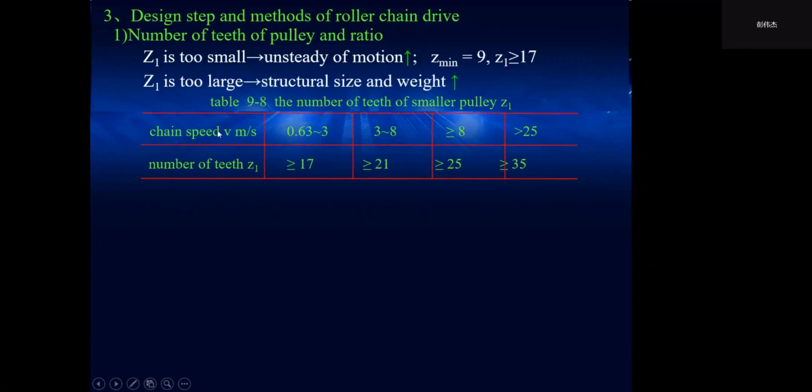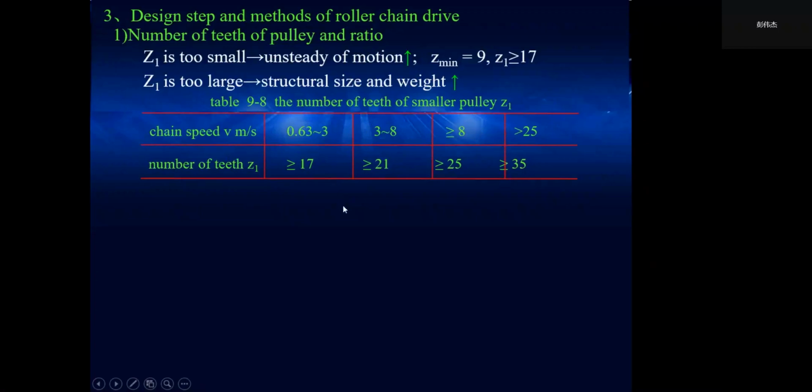And this is the chain speed. If the chain speed is within this range, we can choose Z1 larger than 17. If the chain speed is within this range, we can choose the number larger than 21. This is for the selection of Z1, and the speed ratio is low.